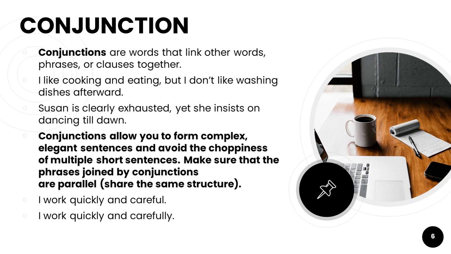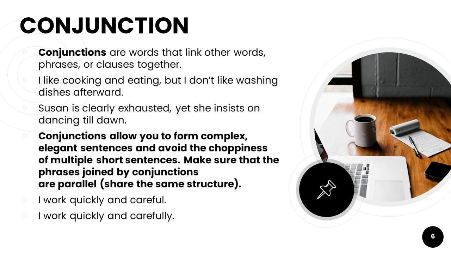Make sure that the phrases joined by conjunctions are parallel. Parallel sentences are not just the same thought, but they are connected. For example, two sentences: I work quickly and careful. Another sentence: I work quickly and carefully.